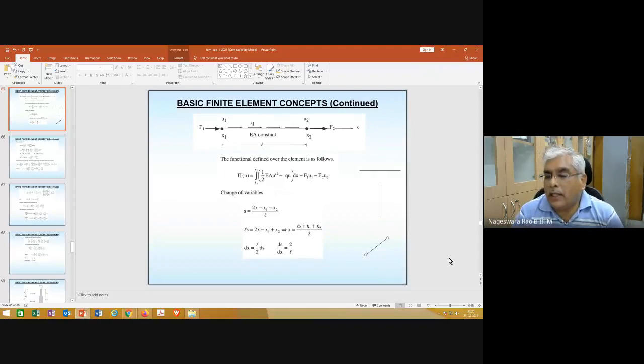Your x-axis is always going to be along the axis of this element. If this element is horizontal, the x-axis is going to be in this direction. Let me put it in presentation mode.